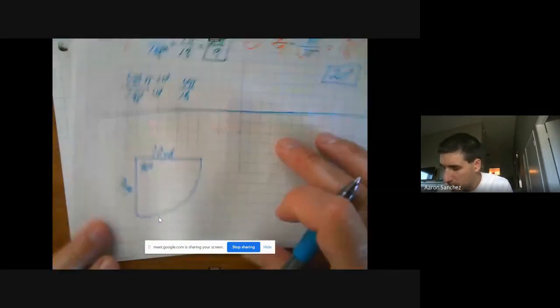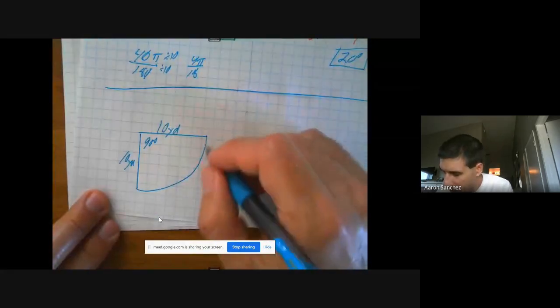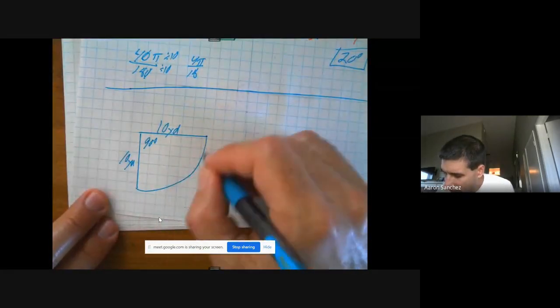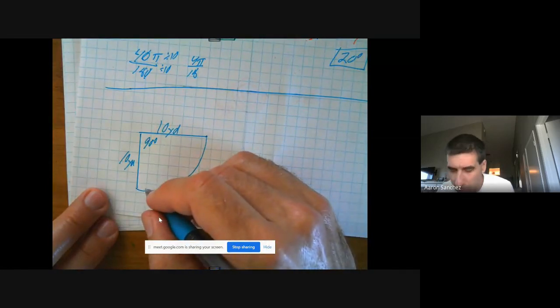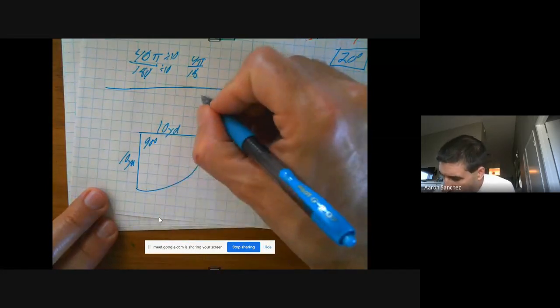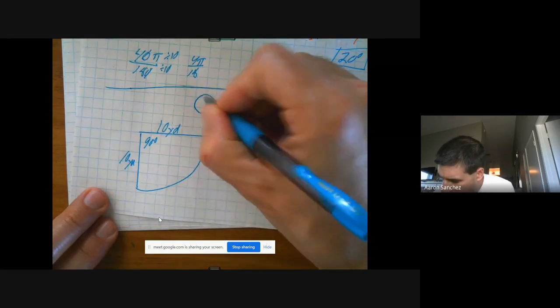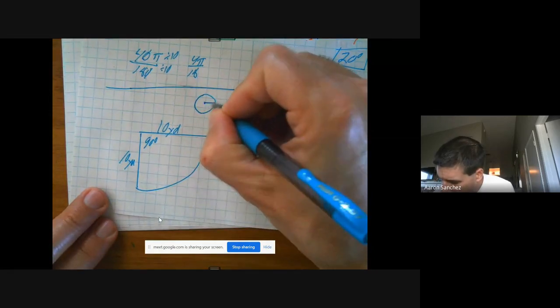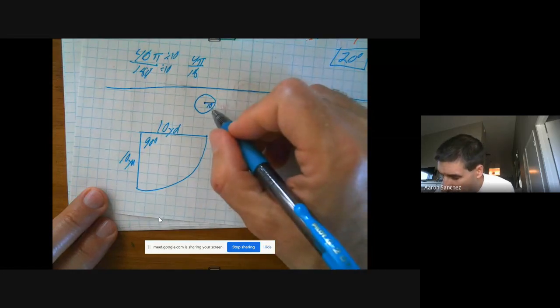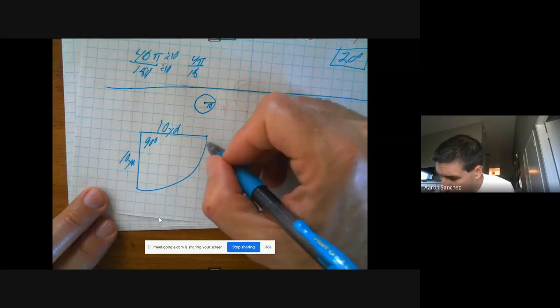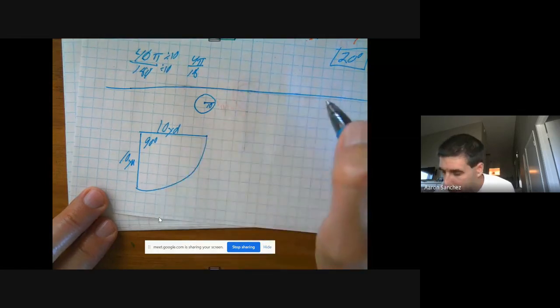So this right here is the fence. Remember, the length of the fence has to do with the circumference of the circle. So if I was able to find the full circumference of a circle with a radius of 10, that's a shrunk down version, then I should be able to figure this out by dividing by 4.